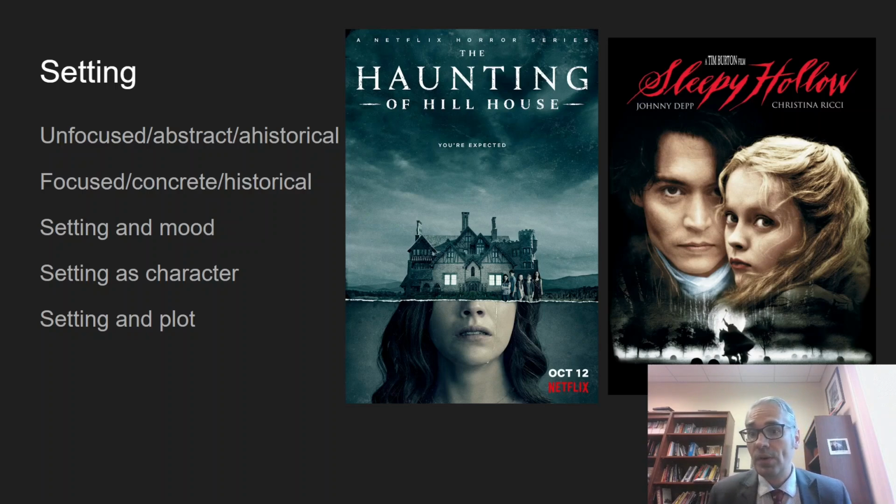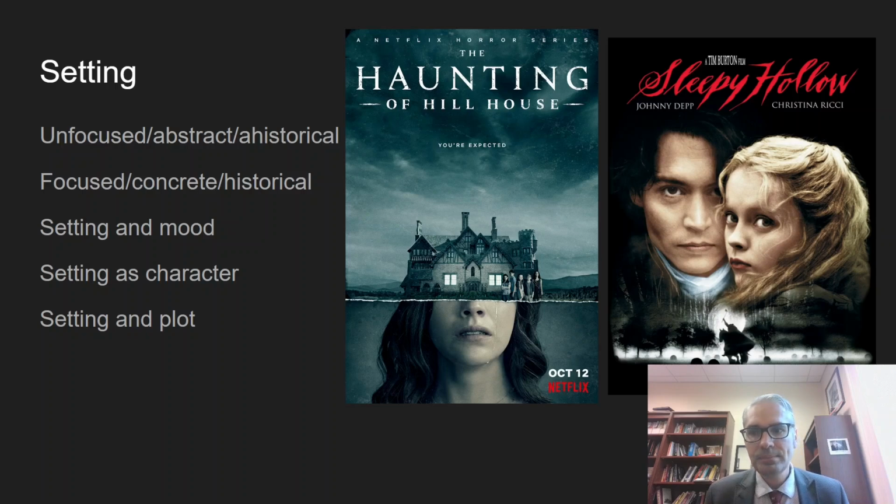We have focused, concrete, and historical setting, where setting is very important for establishing historical moment, motivation. A lot of time is spent on details in the setting. Think The Lord of the Rings. A lot of secondary world fantasy spends a lot of time on the setting. You open up the novel, and what's the thing on the first page? It's a map.